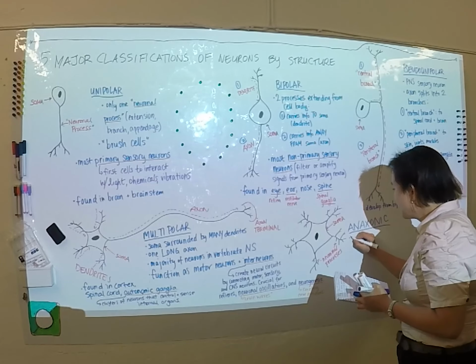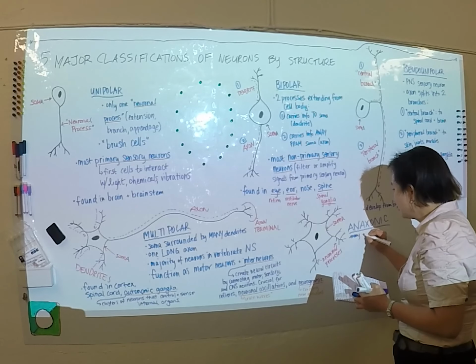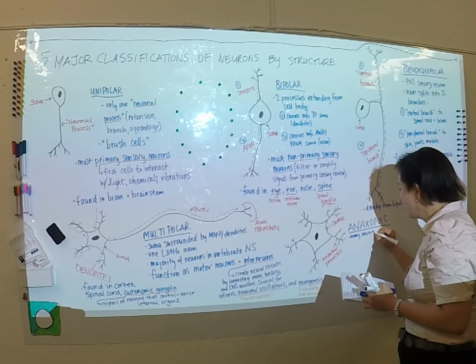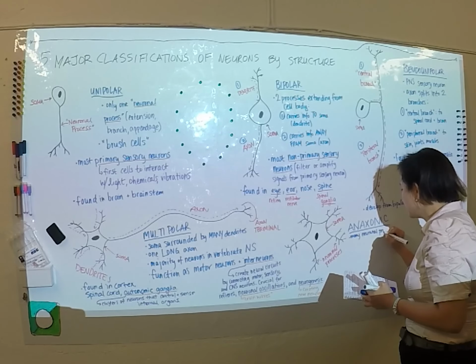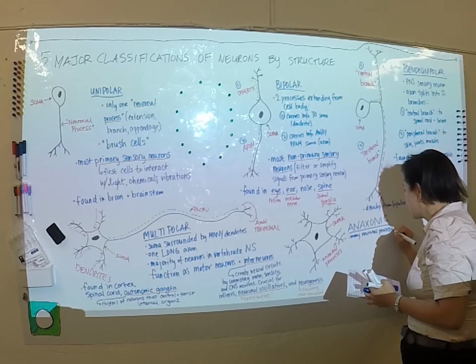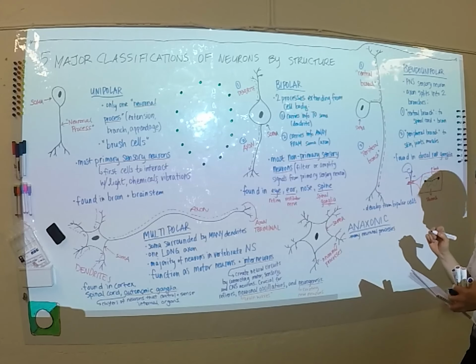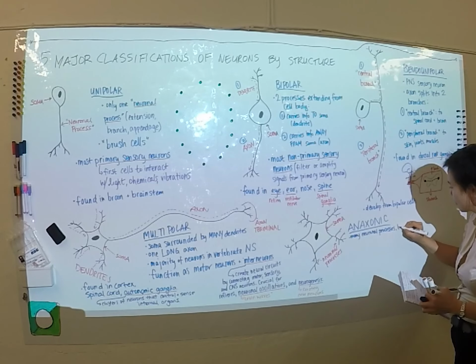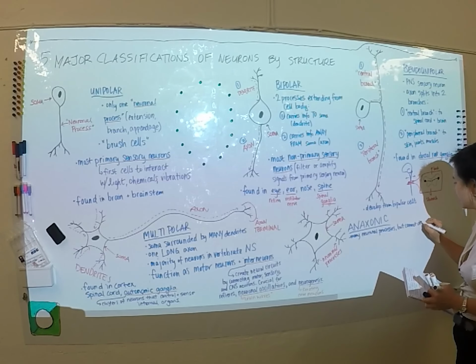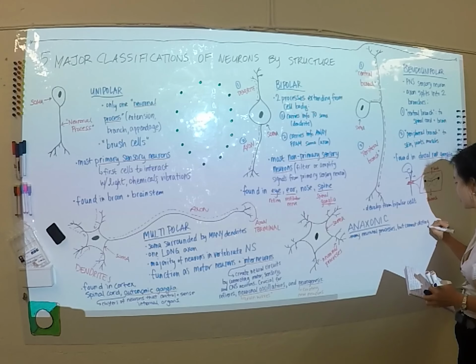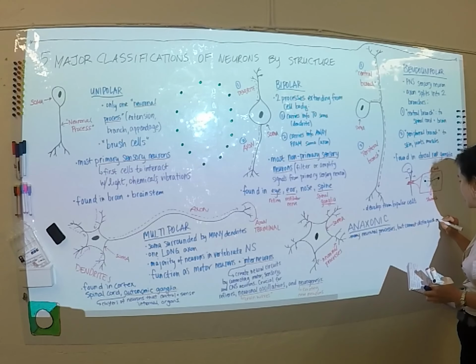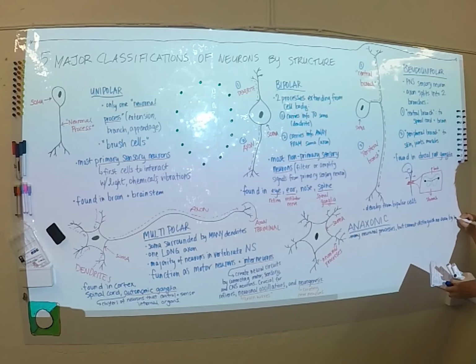So it has many neuronal processes, but you cannot distinguish an axon by structure alone.